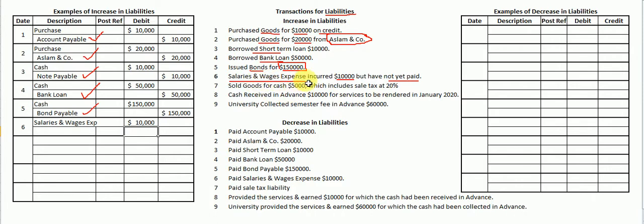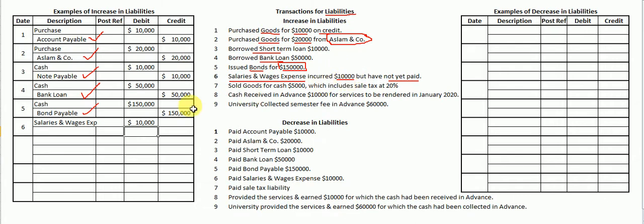It means it is the end of the month and you have to pay salaries or wages to your employees, but you have not yet paid. There may be some reason, or you may pay them a week later, two weeks later, or next month. Whatever the reason, it is time to pay the salaries but you have not yet paid.